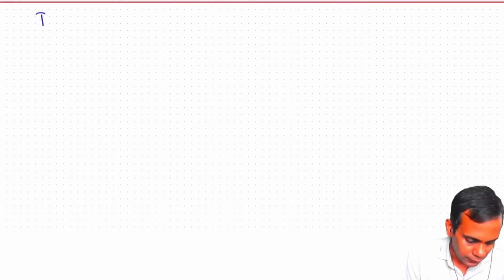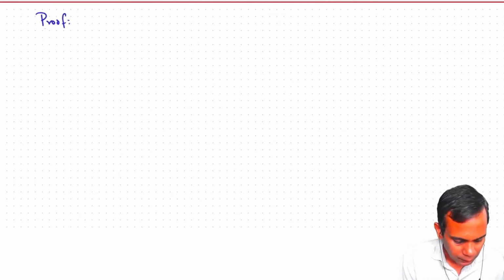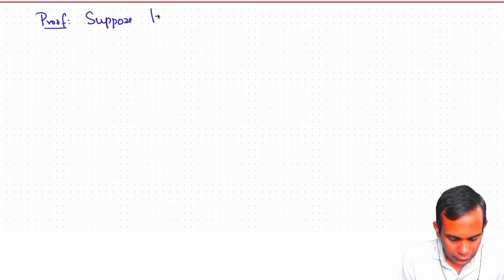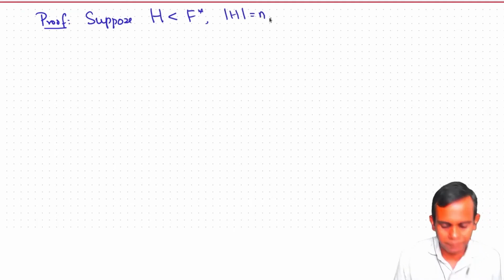So let's prove the theorem. Suppose H is a subgroup of F star and the cardinality of H is equal to n.